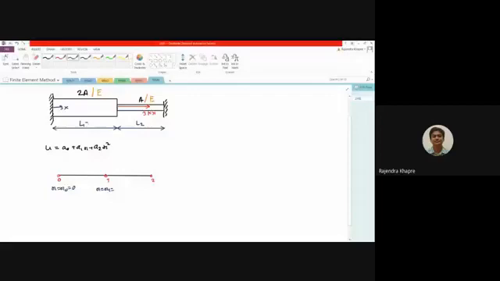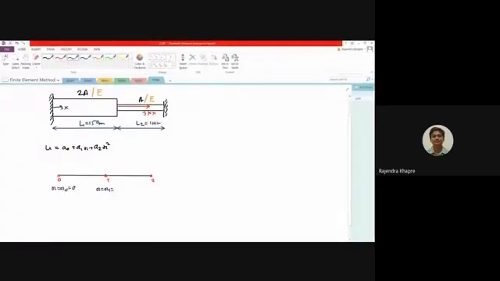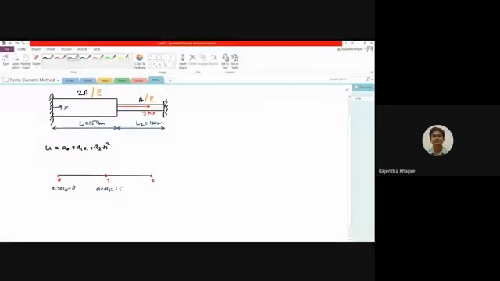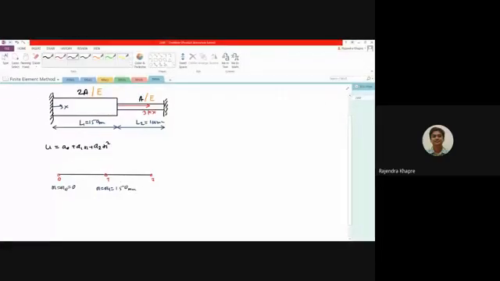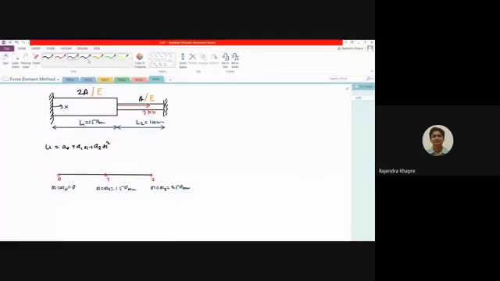For example, L1 is given as 150 millimeters, and let us say L2 is given as 100 millimeters. If you use these values, you will get 150 millimeters over here, and x will be called x2 at node number 2. So here 150 plus 100, this value will be 250 millimeters.